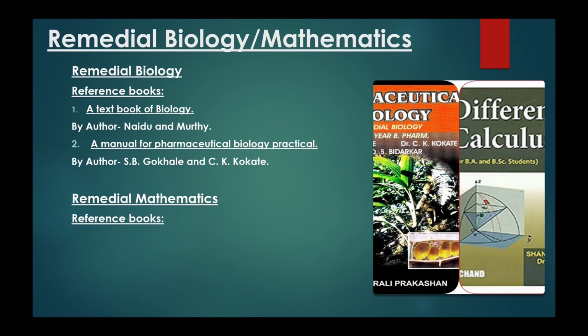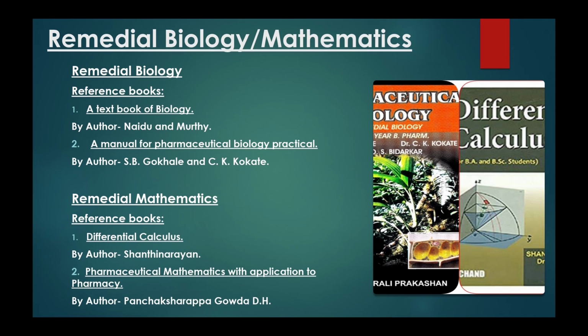For remedial mathematics, the reference books are, first, Differential Calculus by author Shanti Narayan. Second, Pharmaceutical Mathematics with Application to Pharmacy by author Panchaksharappa Gowda D. H. This was all about the reference books which you can refer to for first semester B Pharmacy, friends.